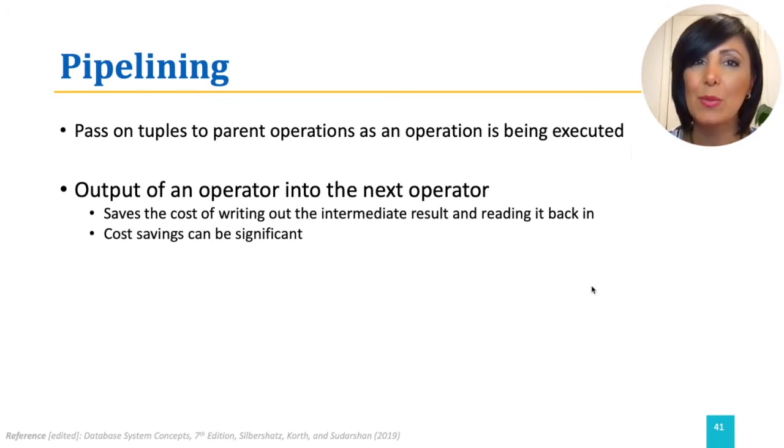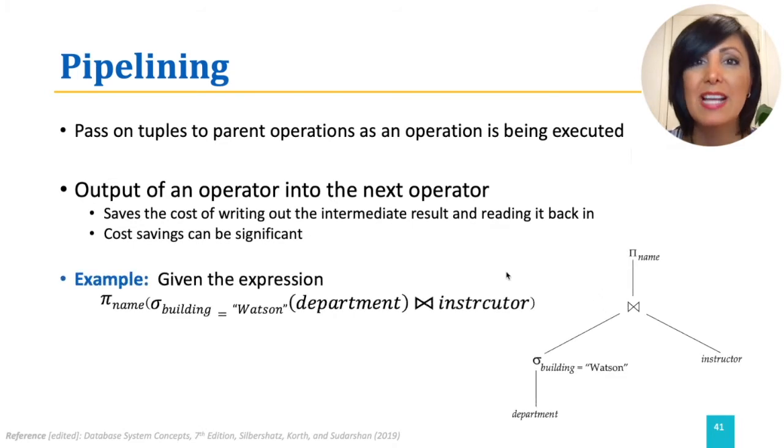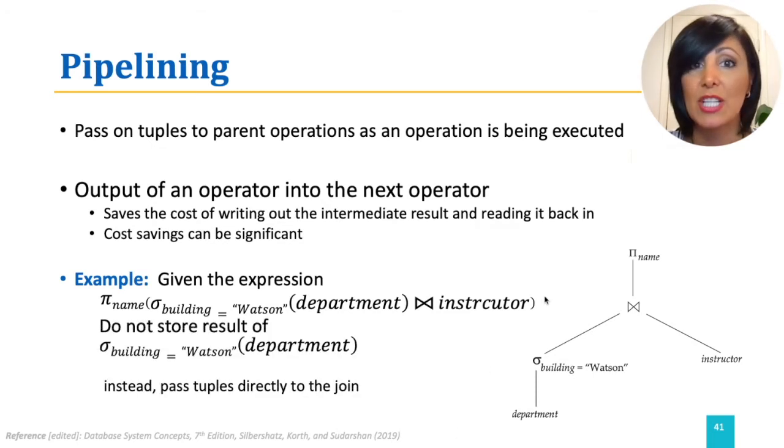Using the same example we saw in materialization, say we are given the expression to apply projection with attribute name on the result of selection with building name specified on the department relation, joined with instructor relation. Using pipelining, we will not store the result of selection in a temporary table.